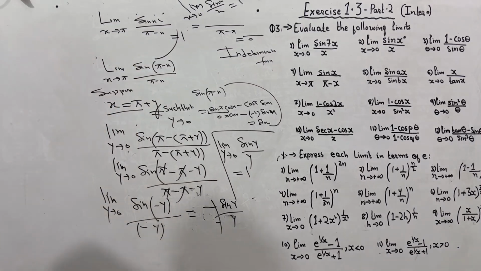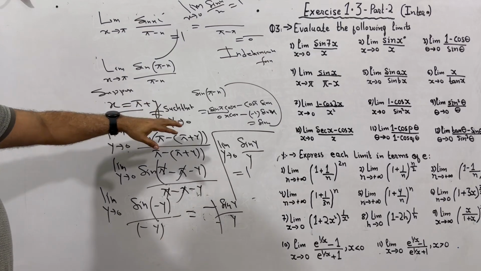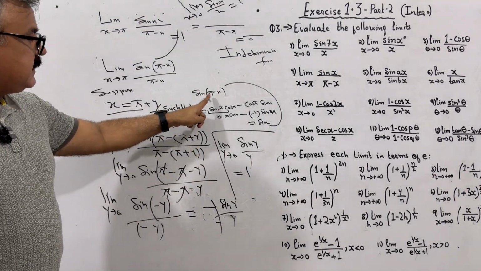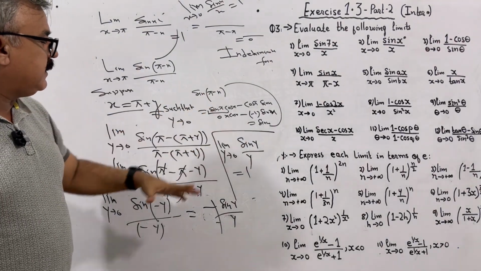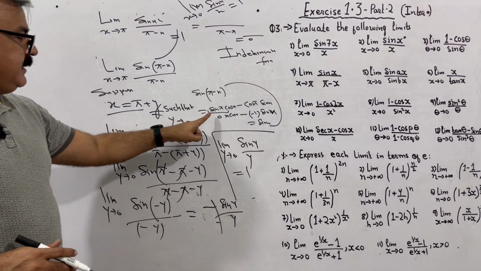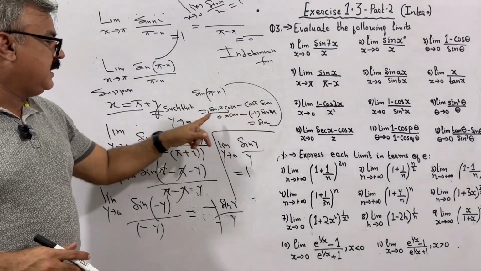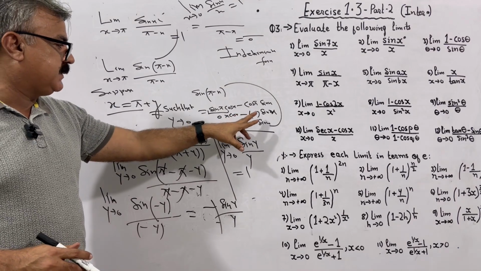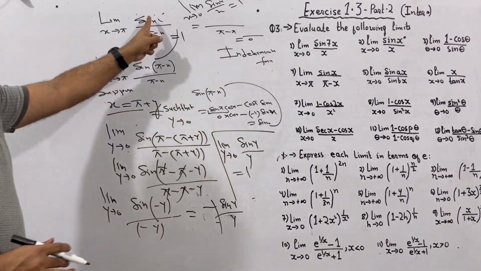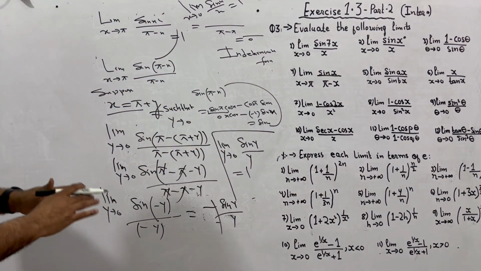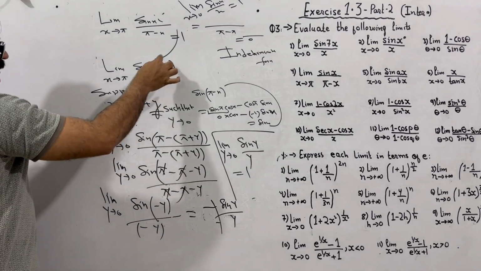Put the direct limit, the denominator is 0, so try to get rid of it. Sin x can be written as sin of pi minus x. I have shown you the equivalence: sin of pi minus x, applying sin alpha minus beta from first year, sin alpha cos beta minus cos alpha sin beta. Sin pi is 0, cos pi is minus 1, so again we have sin x. So instead of sin x, I have written sin of pi minus x in order to make the angle inclination the same.